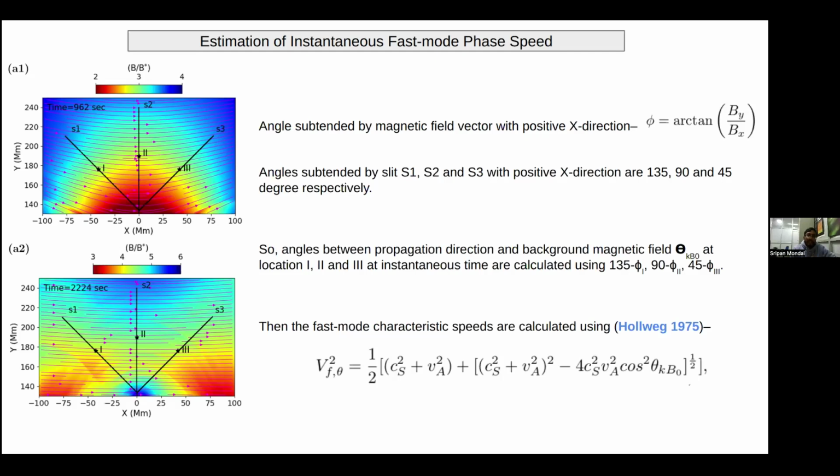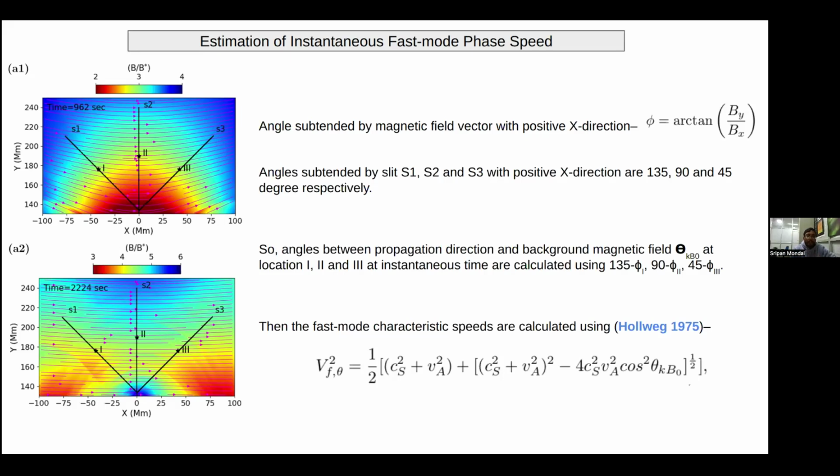Therefore, the angles subtended by these three slits with positive x direction are 135, 90 and 45 degrees. Then the angles between propagation direction and background magnetic field at location 1, 2 and 3 at instantaneous time are calculated using 135 minus phi estimated at location 1, 90 minus phi estimated at location 2 and 45 minus phi estimated at location 3.